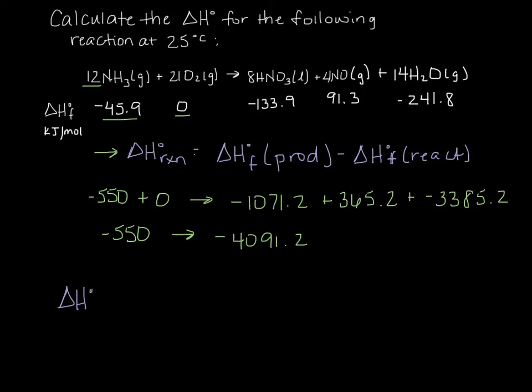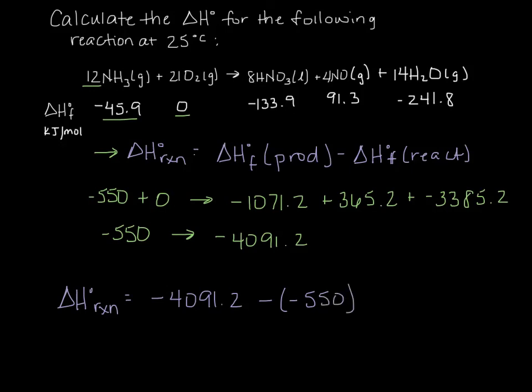My delta H of my reaction at standard conditions is my delta H of formation of my products, which is negative 4091.2, minus the delta H of formation of my reactants, which is a negative 550.